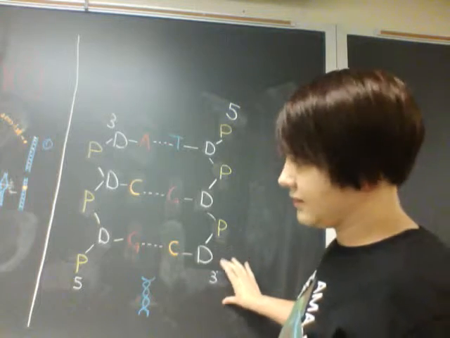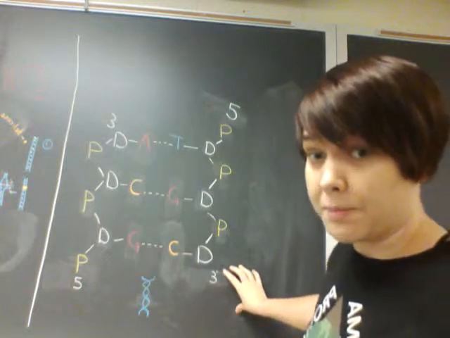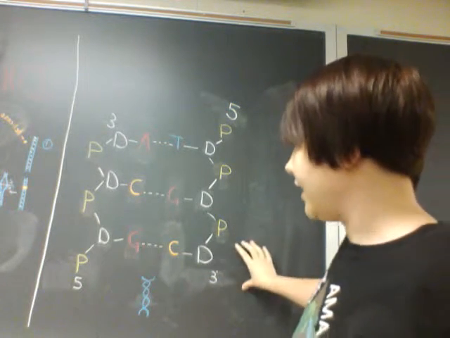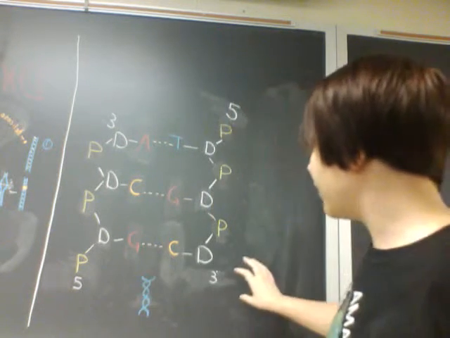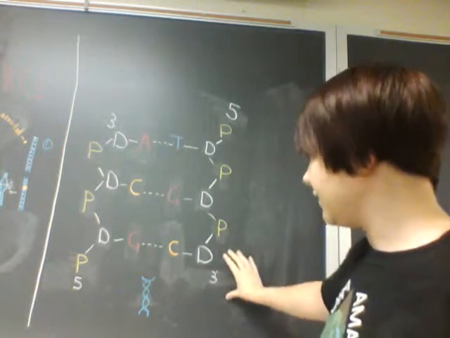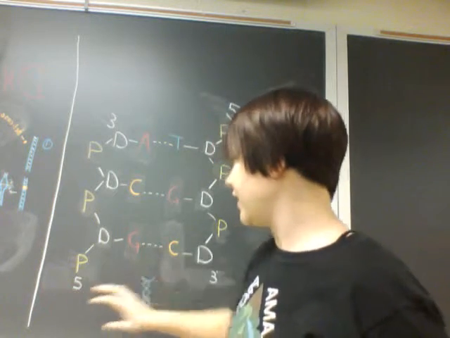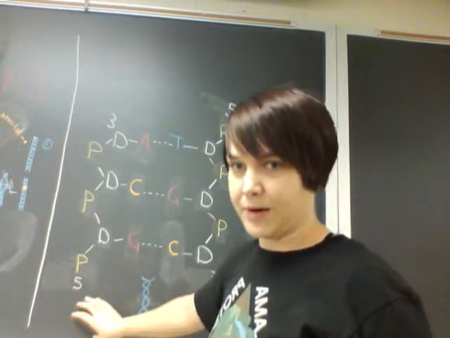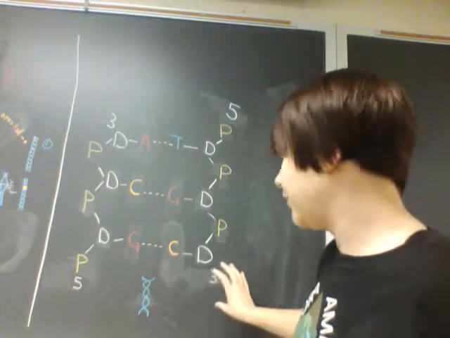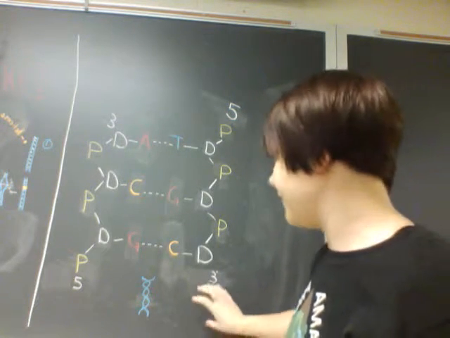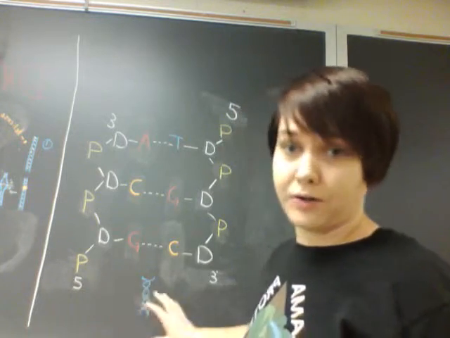If you have a deoxyribose, label it 3'. And if you have a phosphate, label it 5'. So we have a deoxyribose, a phosphate, 3', 5'. Your backbones will always match up in this manner. It will never be 5' to 5', or 3' to 3'.